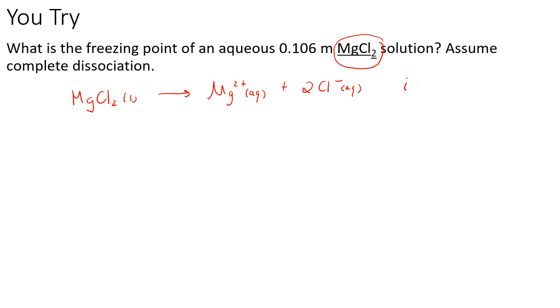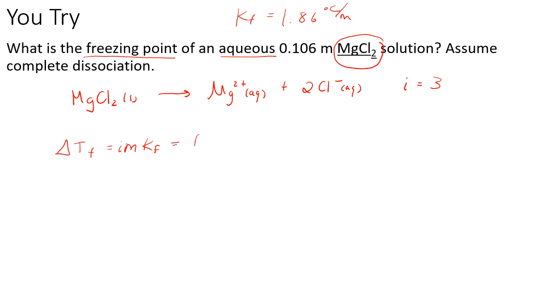So our theoretical i factor in this case, we've got 1 magnesium ion, 2 chloride anions, is going to be 3. We're figuring out a freezing point, so we're going to want to use our freezing point depression formula. Delta T_F equals i times m K_F. And we're in an aqueous solution. So aqueous means in water. The freezing point depression constant, K_F for water, is 1.86 degrees C per molal. So that's a constant that you can look up.